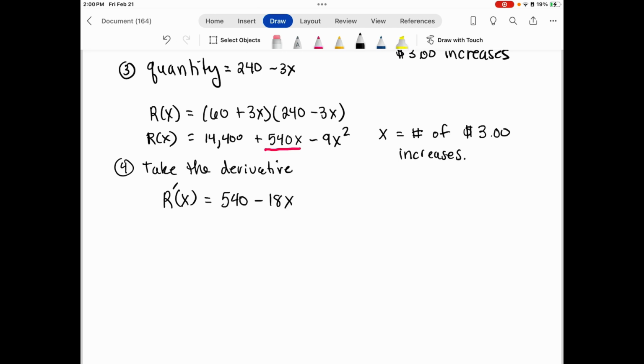All right, so here's our derivative. Now, in order to find relative maxes and mins, we need to find critical values. So in order to find critical values, we need to set the derivative equal to 0.